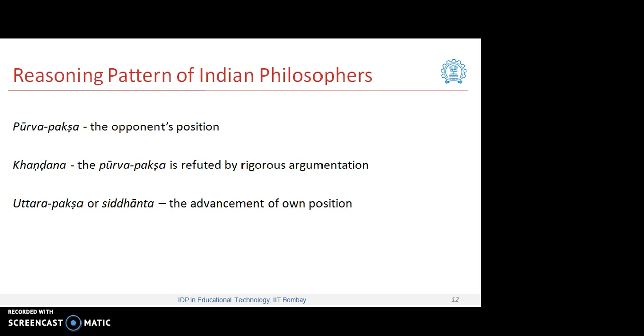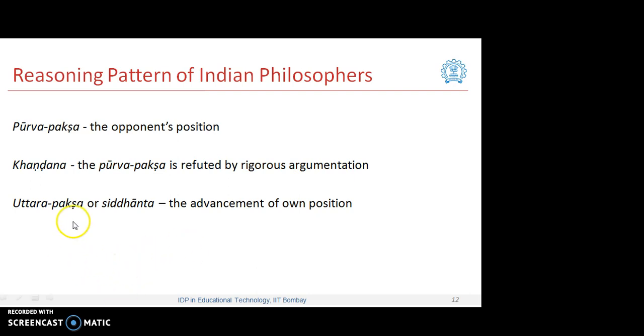Having refuted the opponent's position, they propose their own position, that is called Uttarpaksha or Siddhanta. So they advance their own position after thorough examination of the opponent's argument. All these 3 components of reasoning are available more or less in every writing.